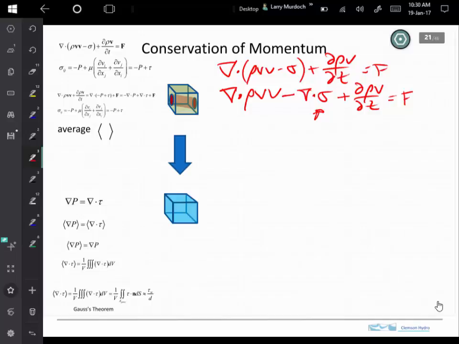Okay, so what I'm going to do at this point is say that the stresses in the fluid, I'm going to write it in an abbreviated way.